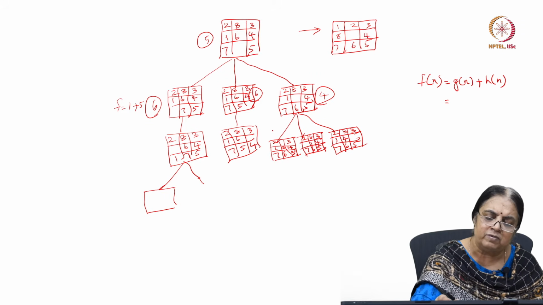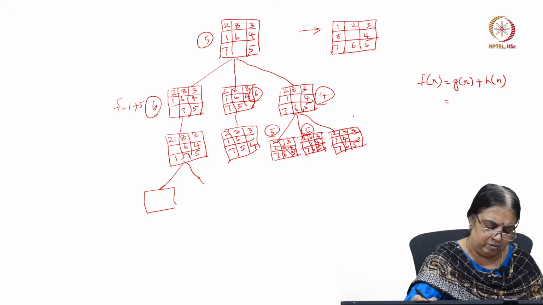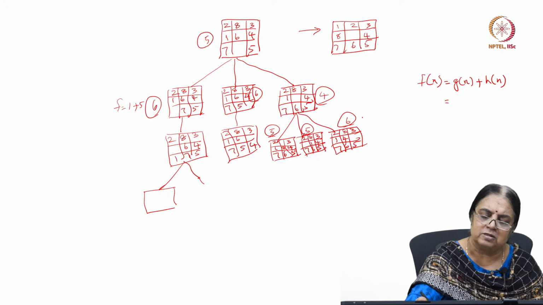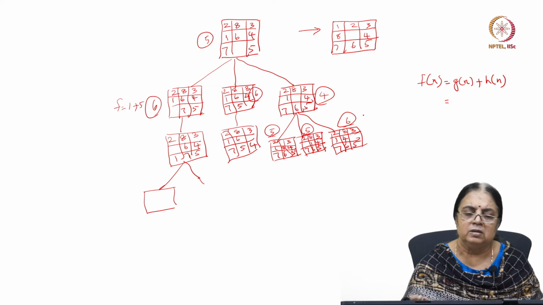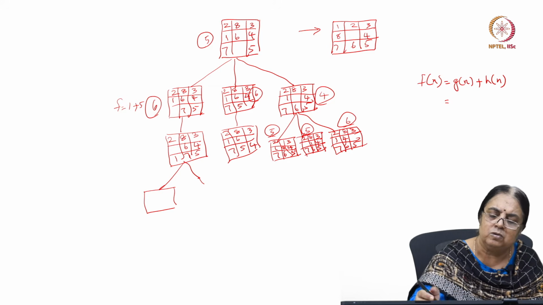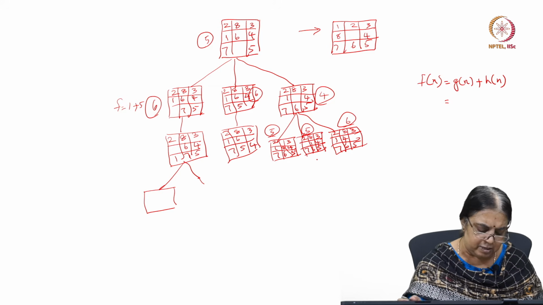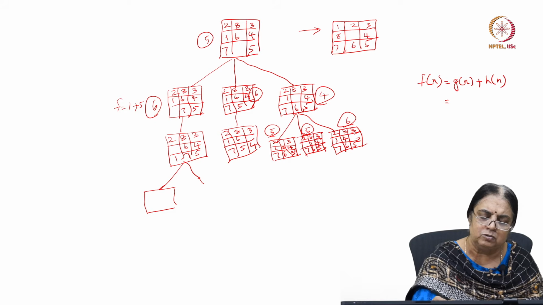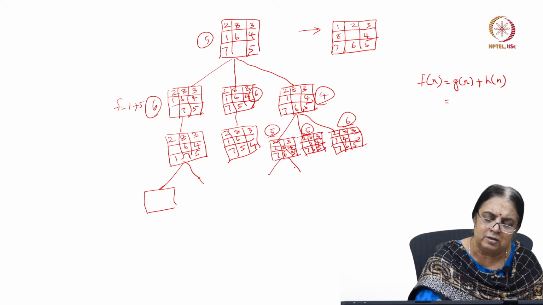So these have a value of 5, 5 and 6, okay. So you are going to choose one of these and expand, okay. So suppose you decide to expand this one, right.